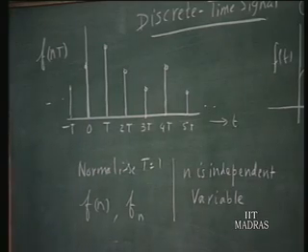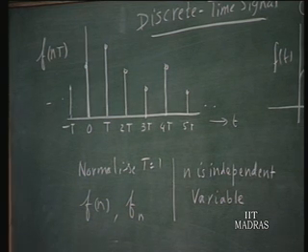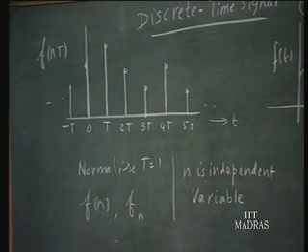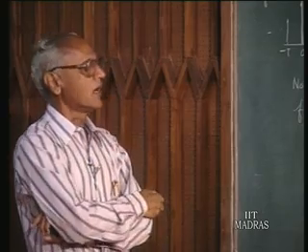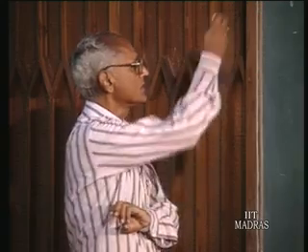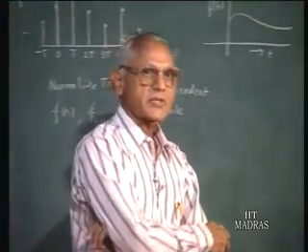So the values of the independent variable will have jumps. It will be 1, 2, 3, 4 and so on. Integral values of the independent variable are what we consider, at which this f[n] is described. Such discrete time signals occur sometimes naturally.